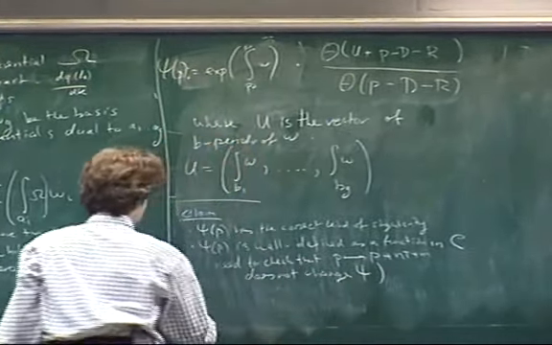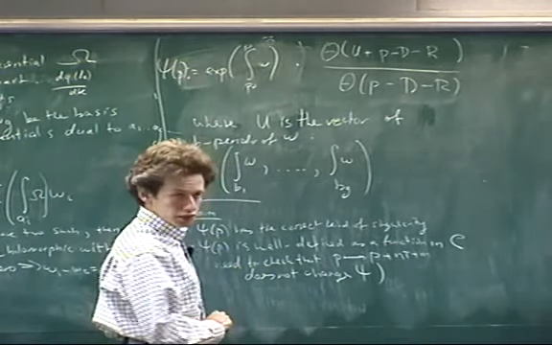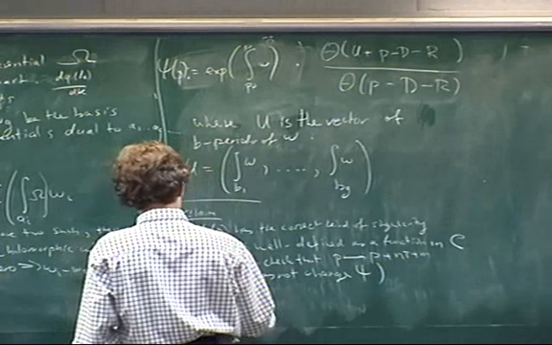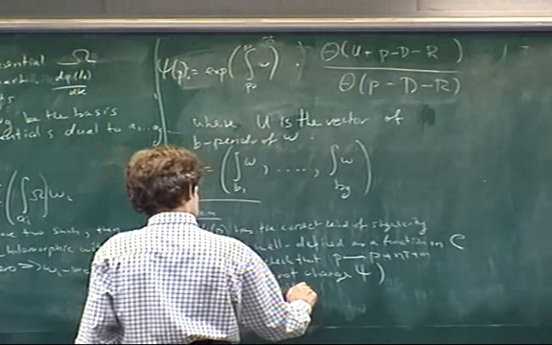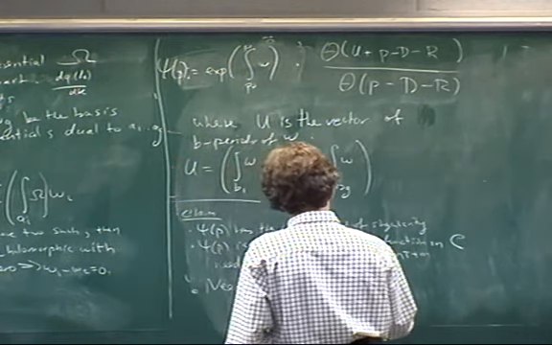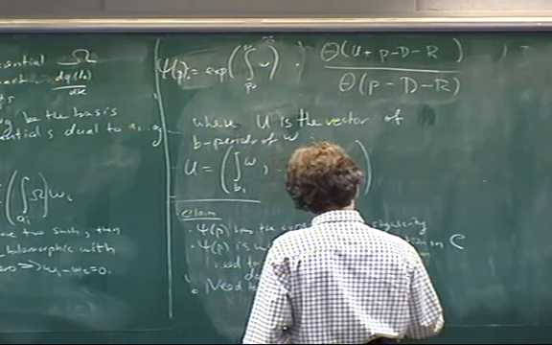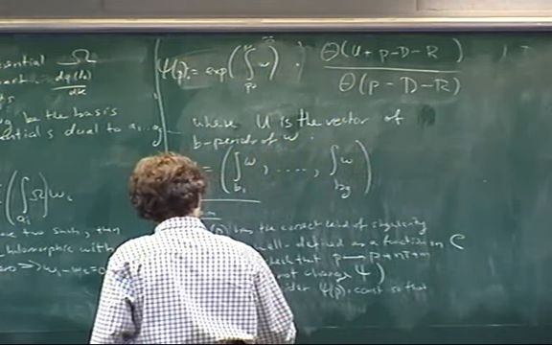Okay? And thirdly, I cannot claim that psi of p naught is what it is, so we need to consider psi of p times a constant, so that the normalization at p naught is correct.